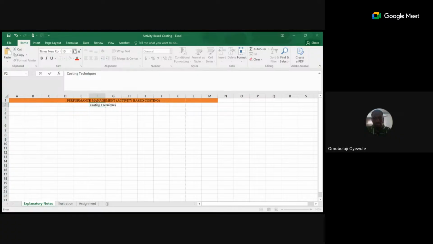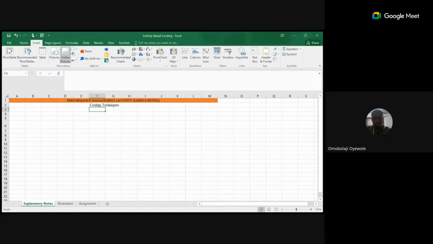Now, under this costing, we're going to be looking at costing techniques, and we'll be breaking it down into two.